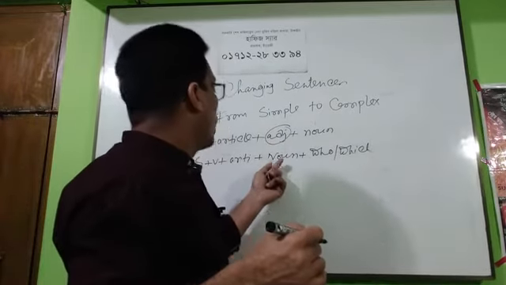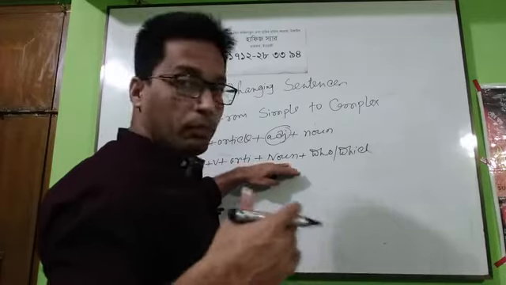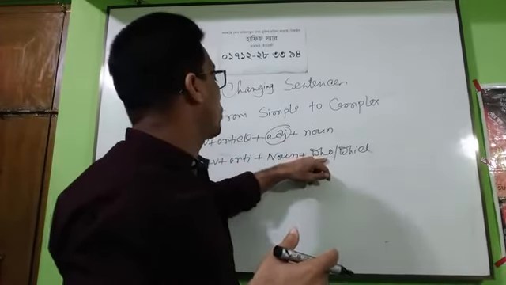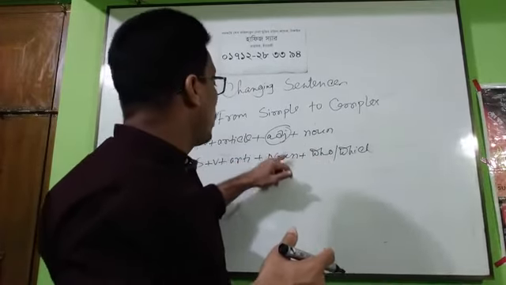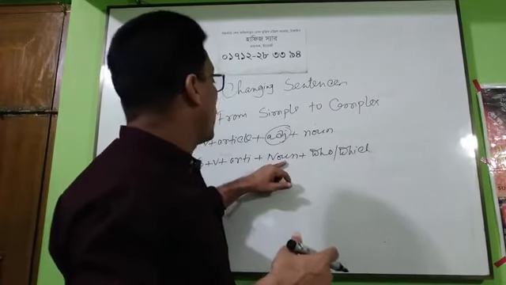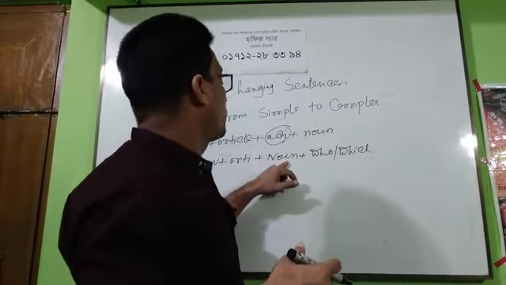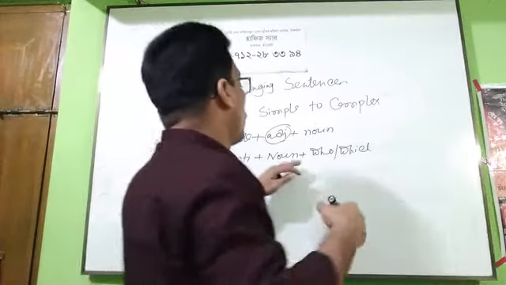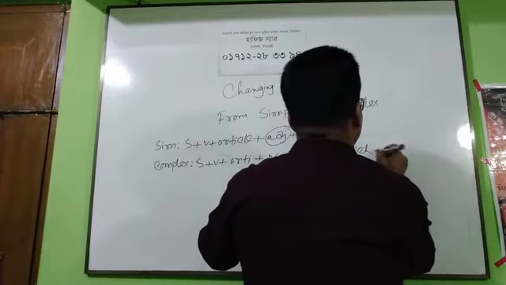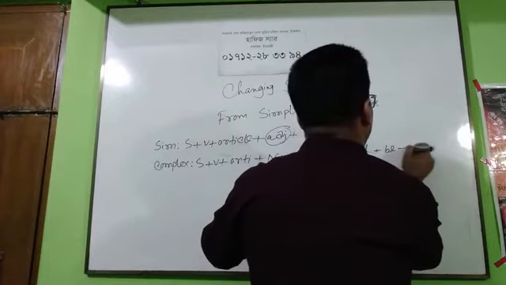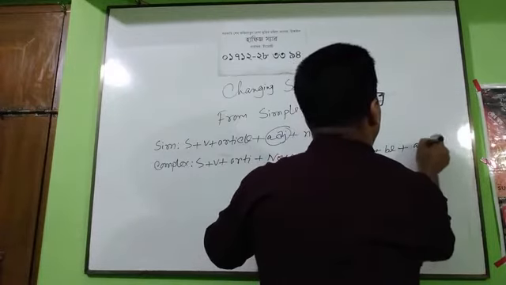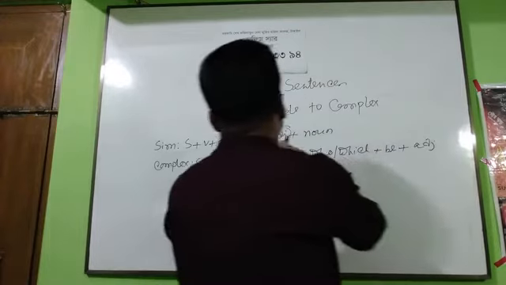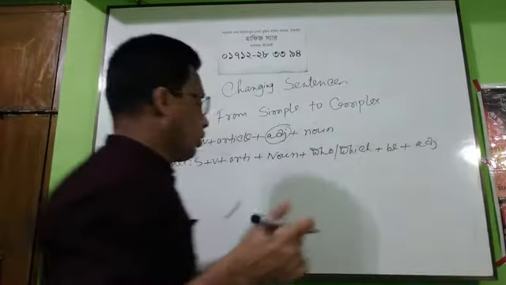When the noun indicates a person, then you have to use who, and if the noun is an object, then we have to use which. Who or which, and then be verb, and then the adjective.